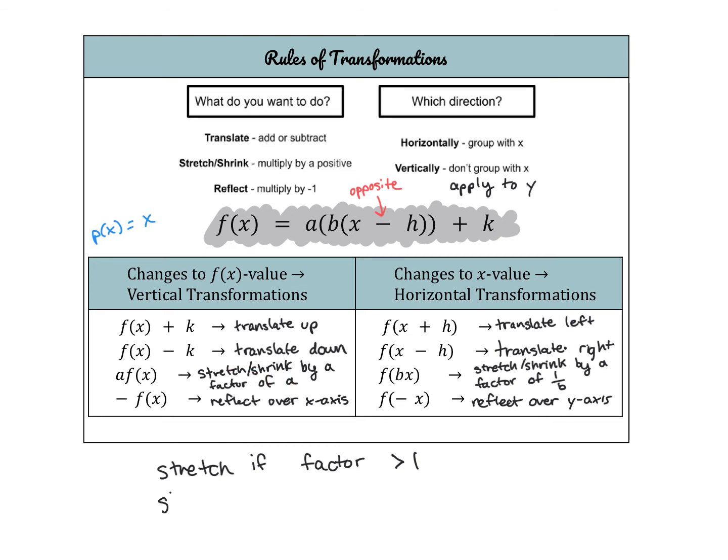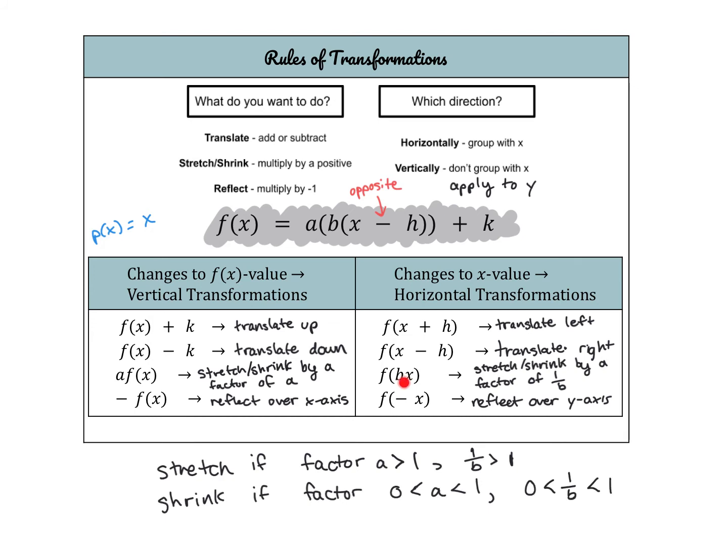And then we call it a shrink if the factor is between 0 and 1. So again, if 1 over b is greater than 1, it's a stretch, and if 0 is less than 1 over b is less than 1, it's a shrink.